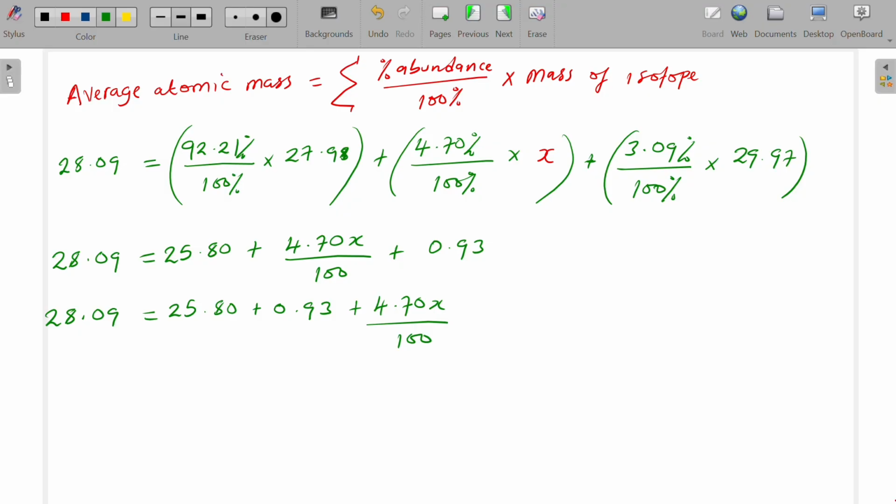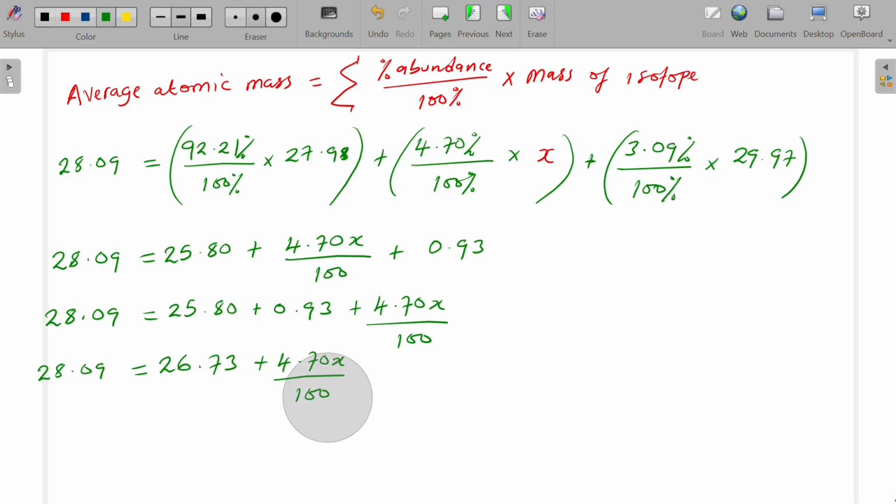And then when we continue doing our mathematics, we'll say 28.09. Now we need to add 25.80 to 0.93. So what do we get when we add 25.80 to 0.93? What we are getting is 26.73, and this must be added to 4.70x, and this is divided by 100.